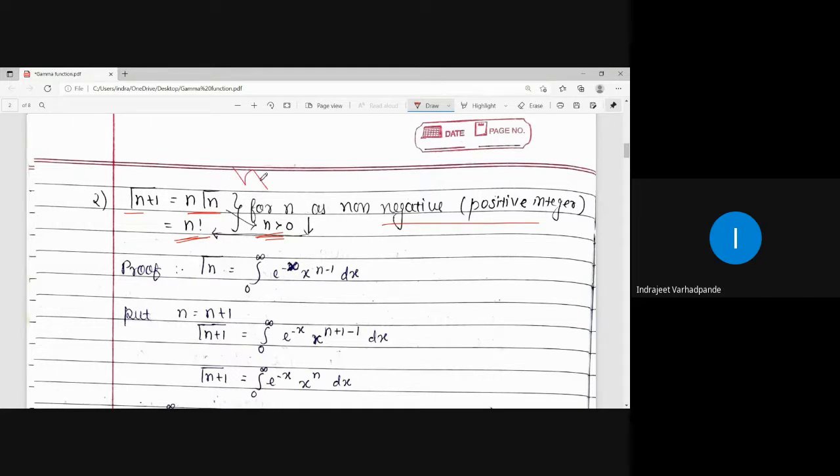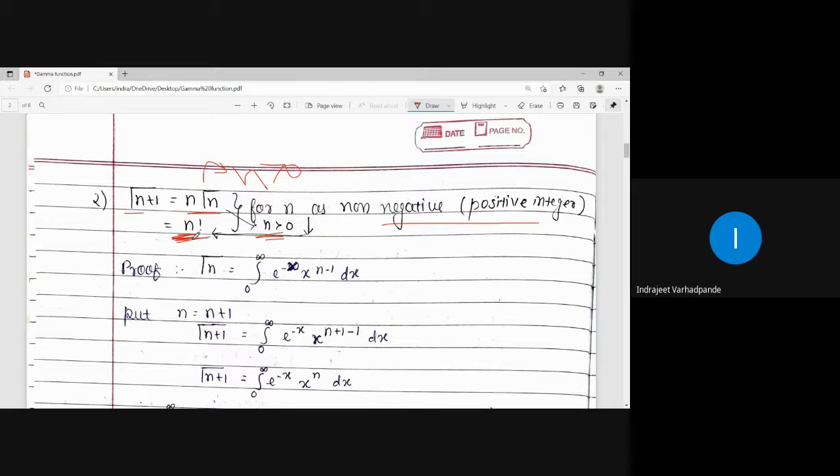N should be greater than 0 for this result, and n should be a non-negative integer for n factorial, because the factorial of any number exists only for non-negative numbers. A negative number's factorial doesn't exist. 0 factorial is 1, 1 factorial is 1. So always n should be greater than 0 for n gamma n, because gamma exists.